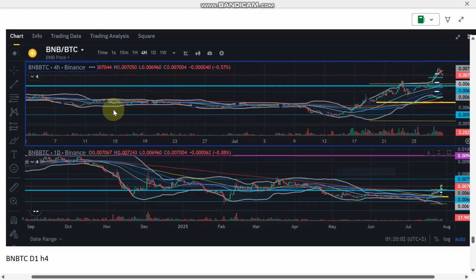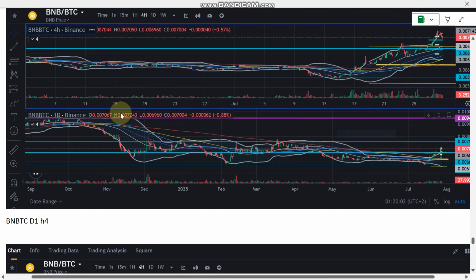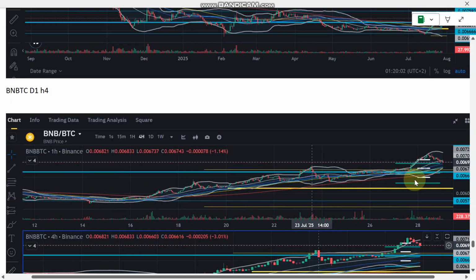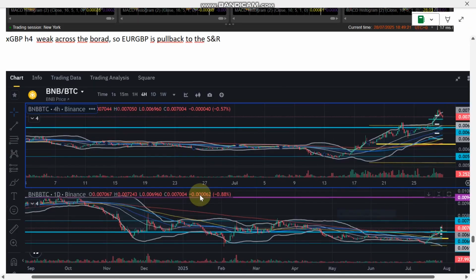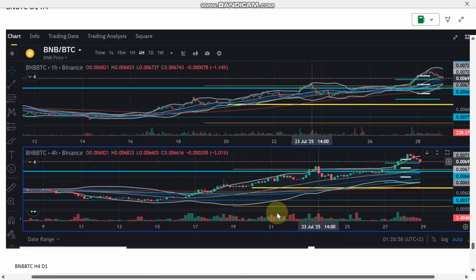Now I get back to BNB and BTC, the digital. BNB BTC 4 hour. What was that? 4 hour big one, 4 hour small one. Oh, I see, I have two charts to compare: BNB BTC 4 hour and 1 hour.